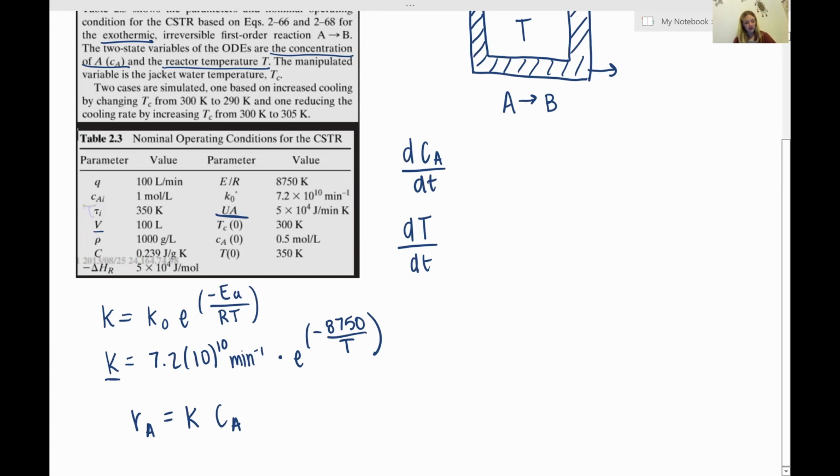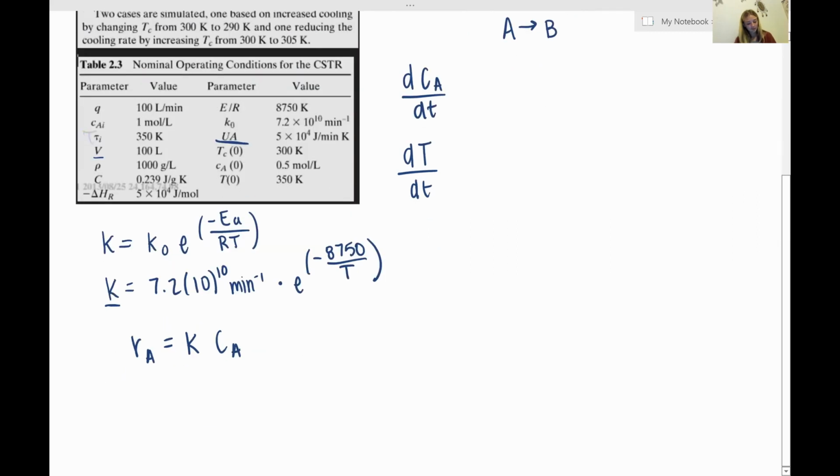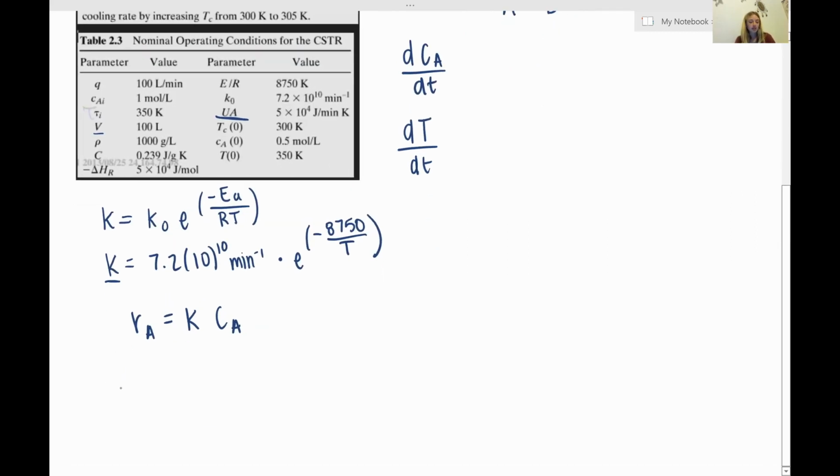Another way we can explain that is that our UA will be equal to the heat transferred from reactant to coolant.